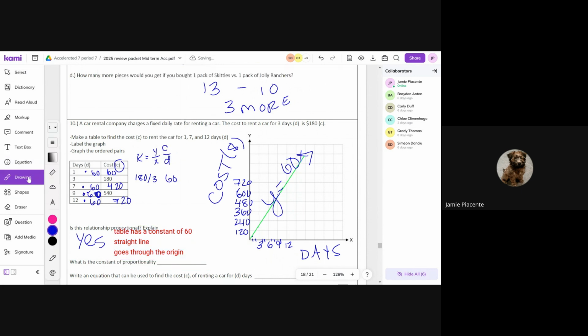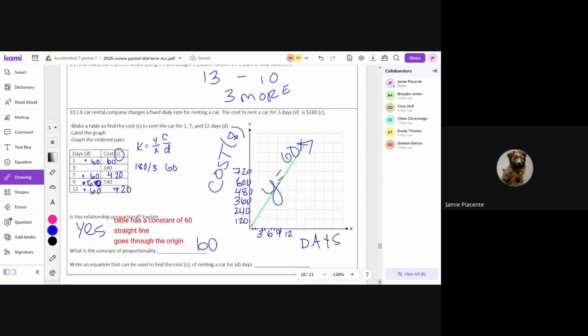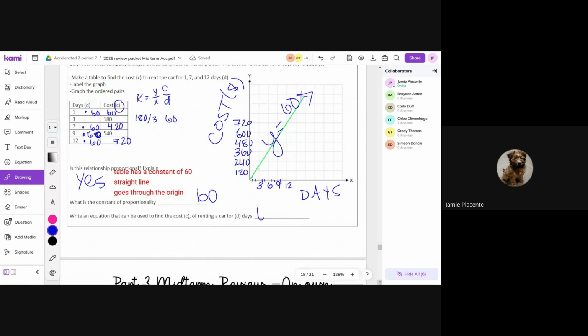Okay, next thing. What is the constant of proportionality? It is 60. Write an equation that could be used to find the cost, C, of renting for D days. So Y equals 60X. However, they want cost, which is Y, 60D, which is days. So this answer is what I think we'd be looking for.